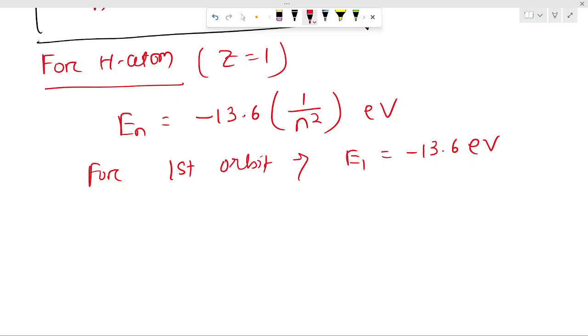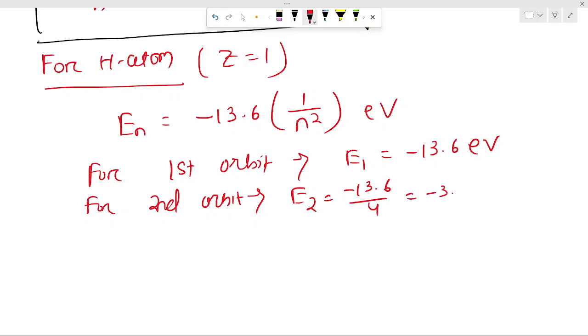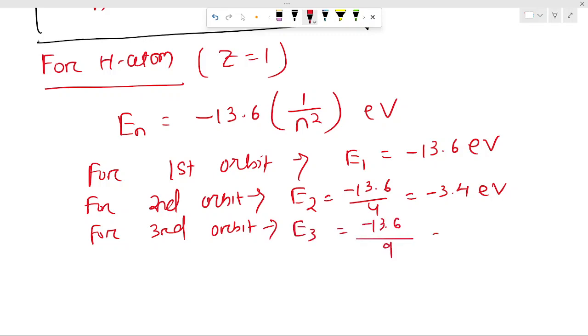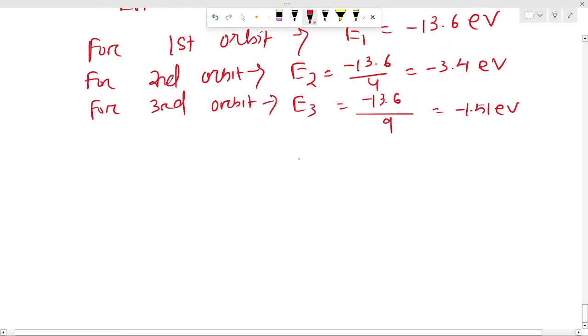For second orbit, we have E2 as minus 13.6 upon 4, which will become minus 3.4 electron volt. For third orbit, E3 is equal to minus 13.6 upon 9, which is equal to minus 1.51 electron volt. In this way, you can calculate the energy of different orbits for hydrogen atom.